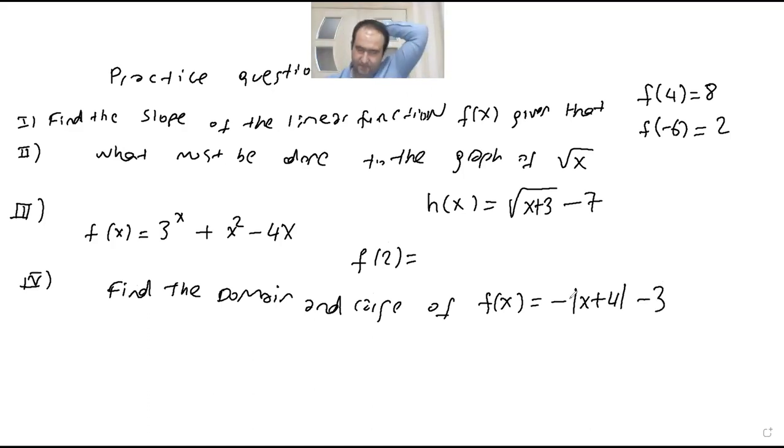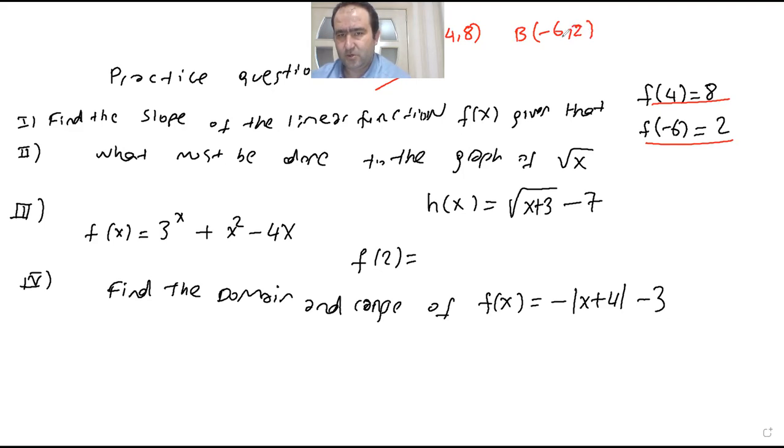Okay, find the domain and the range set of f(x) equals minus absolute value of x plus 4 minus 3. Find the slope of the linear function f(x) given that f(4) is 8 and f(-6) is 2. From analytic geometry, we have 2 points, (4, 8) and (-6, 2).